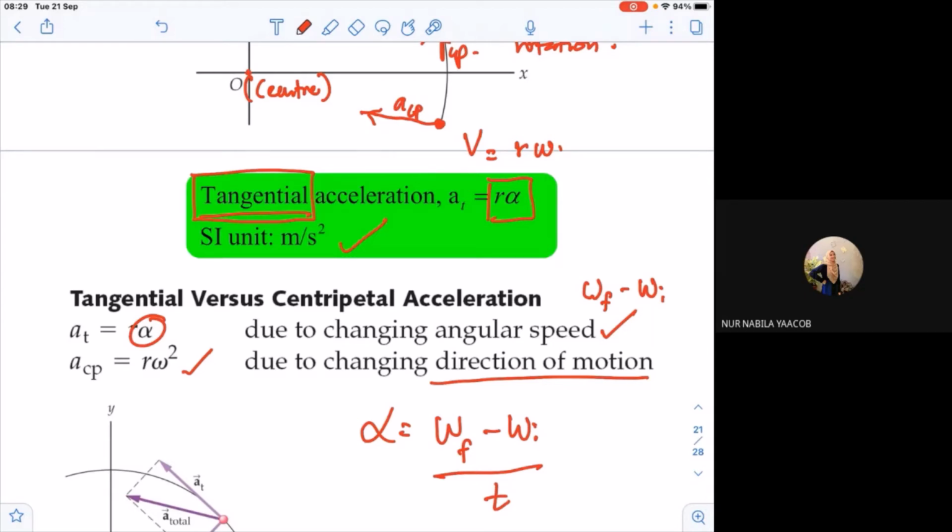But the centripetal acceleration doesn't change much because it just involves r omega squared. It's just in terms of motion, the angular position is changing.